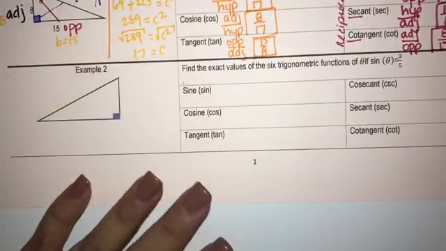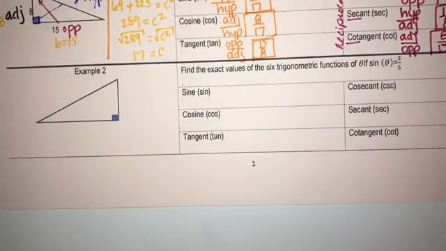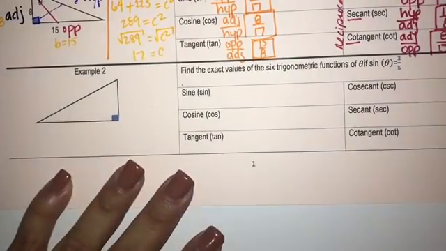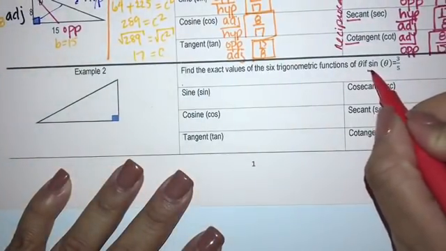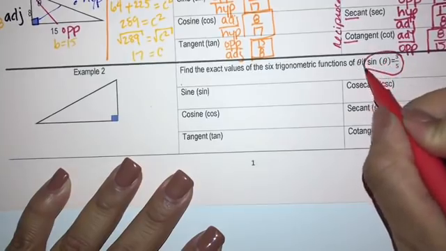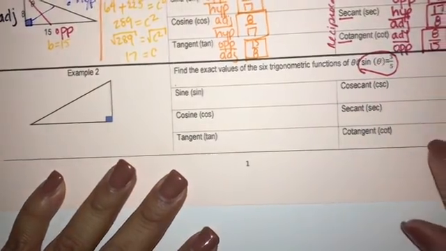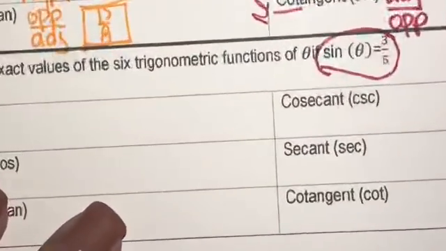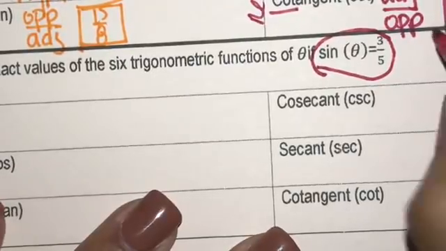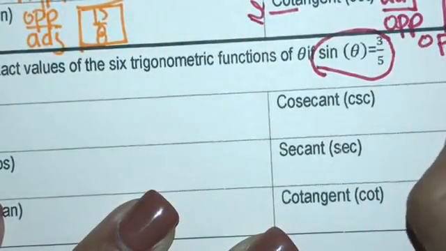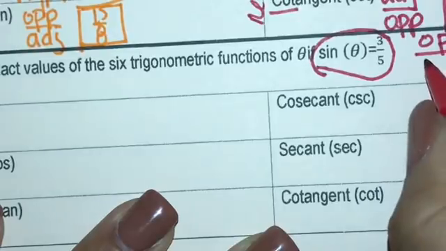Let's look at example 2. Find the exact values of the 6 trigonometric functions of theta if sine of theta is equivalent to 3/5. So what I know is that sine is going to be opposite over hypotenuse.